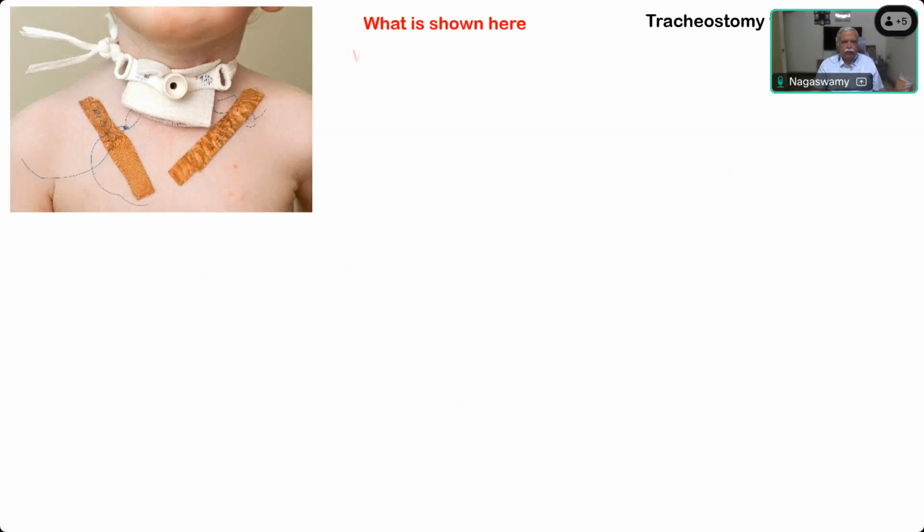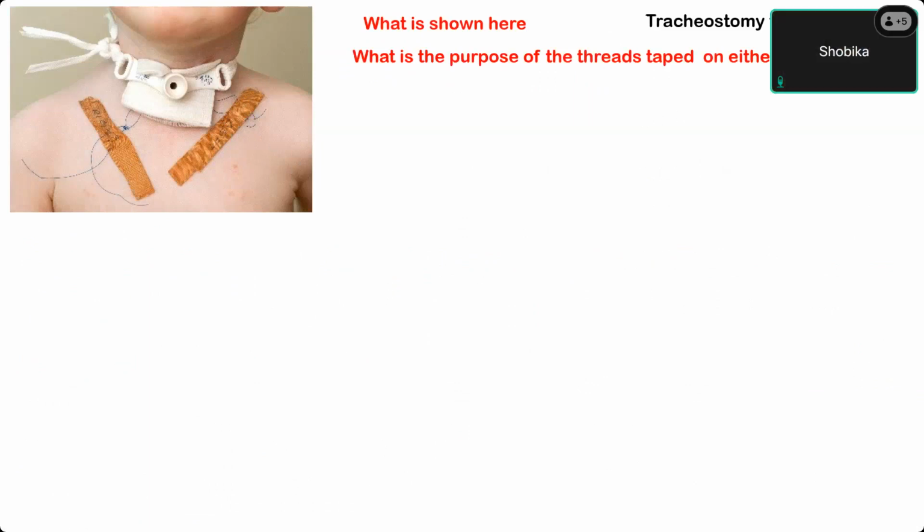Tracheostomy tube in situ. What is the purpose of the threads that are taped on either side? Can you see these blue threads here? Yes, sir. They are stuck with a plaster onto the chest with a loop. What are they? To prevent accidental dislodgement of tracheostomy tubes.